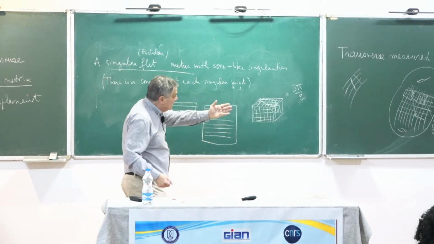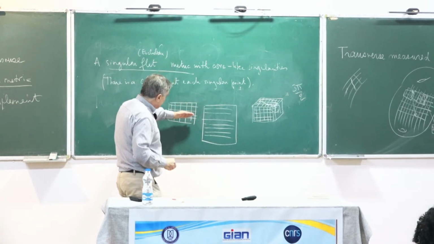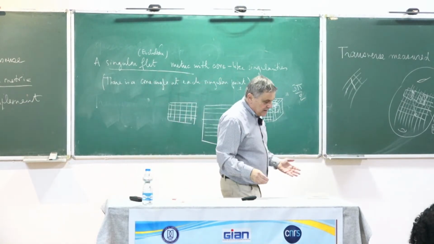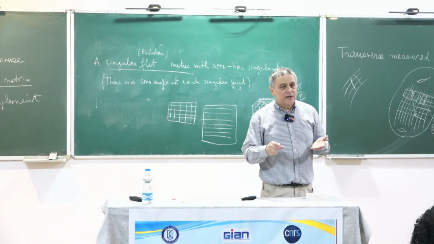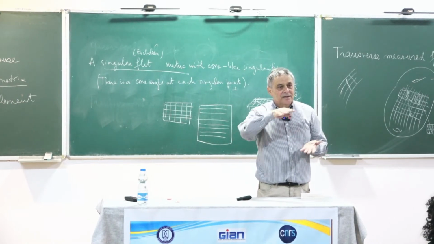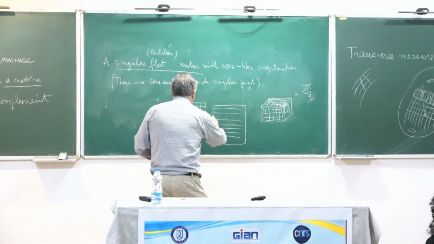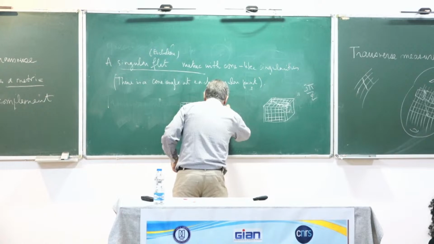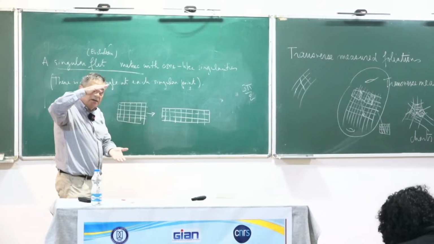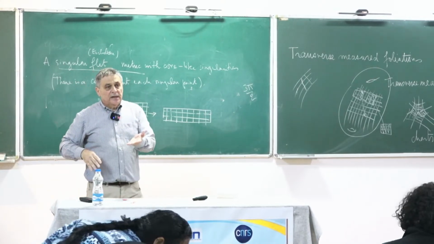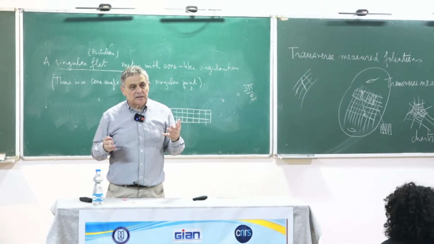Here I have two transverse measured foliations, and I want to treat them equally. So I will stretch the one and make the second one more narrow. There is a natural map: I divide the other one by 2. I did this because I want to keep the area of the surface the same.